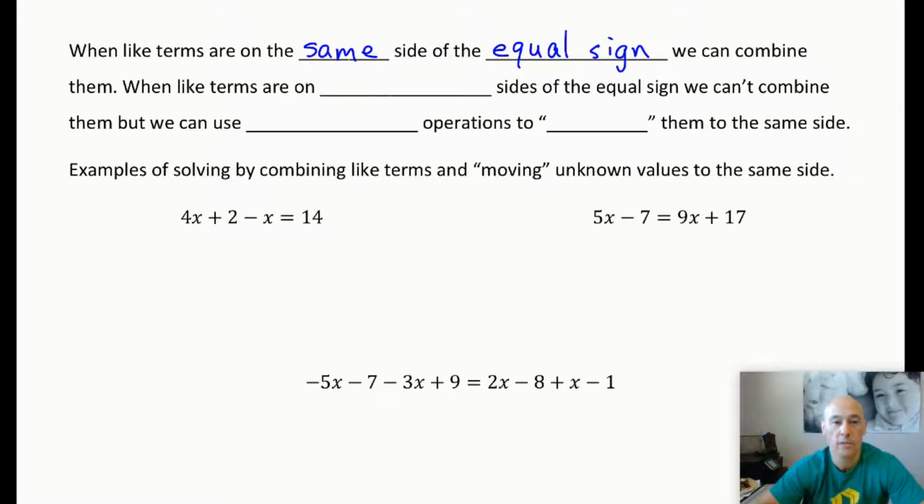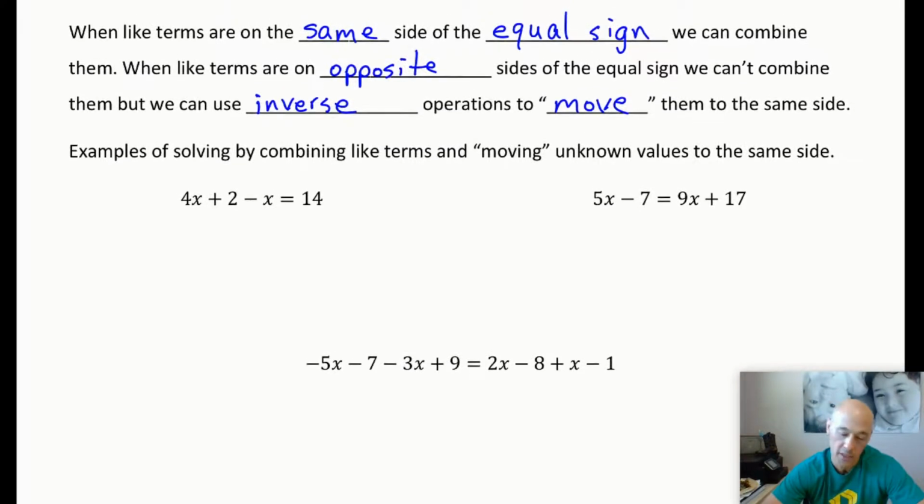When like terms are on opposite sides of the equal sign, we can't combine them, but we can use inverse operations to move them to the same side. So we don't actually move them. It's a little bit different than that, but it's kind of like moving them to the same side. And we'll see what that means in just a moment. So we're going to do some examples here.